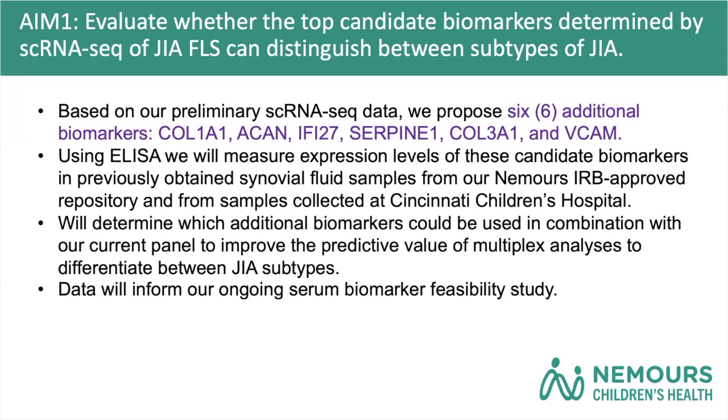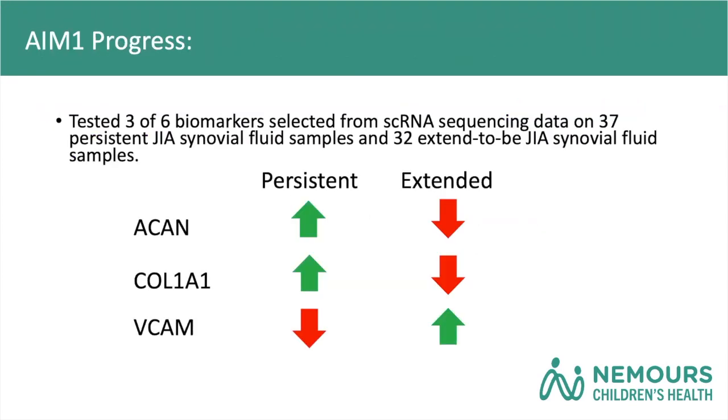We'll determine if any of these additional markers could be used in combination with the earlier panel that I showed you to improve the predictive value of a multiplex analysis panel to differentiate between the JIA subtypes, and this will inform our ongoing serum biomarker feasibility study as well. Next slide, please.